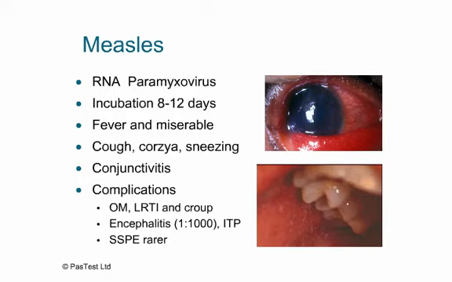Corneal ulceration associated with measles is a real problem in the developing world, and this is associated with a vitamin A deficiency that measles can induce. This has been much improved with widespread vitamin A supplementation programs run by the WHO. Diagnosis of measles is made by IgM-specific antibodies in the saliva.